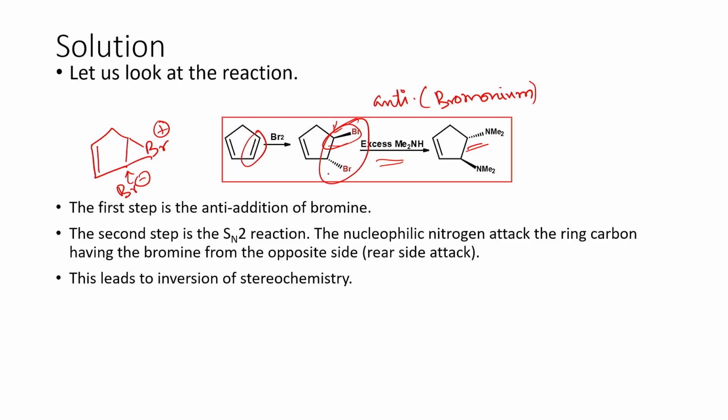Similarly, the bottom carbon stereochemistry is inverted. So this is how the reaction actually proceeds, and the last step is the inversion of stereochemistry. So the overall product that will be formed has the 2 substituted groups present ortho, or adjacent, to each other.